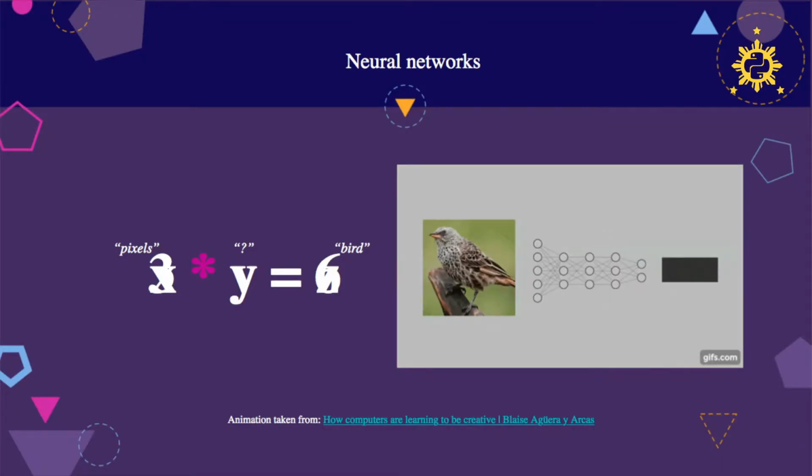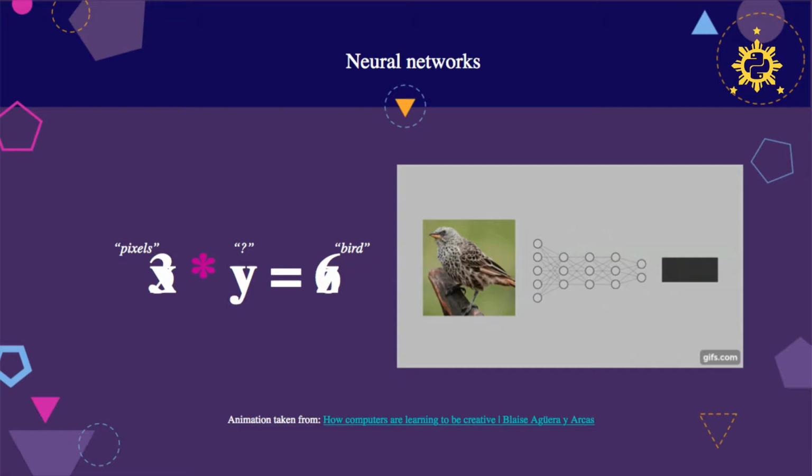Now, to get an idea of how this machine learning process happens using a neural network, we're trying to model the entire thing using an equation. So let's say we have x times y equals z. x here represents our pixels, and z represents the computation or the classification of whether or not it actually sees a bird.